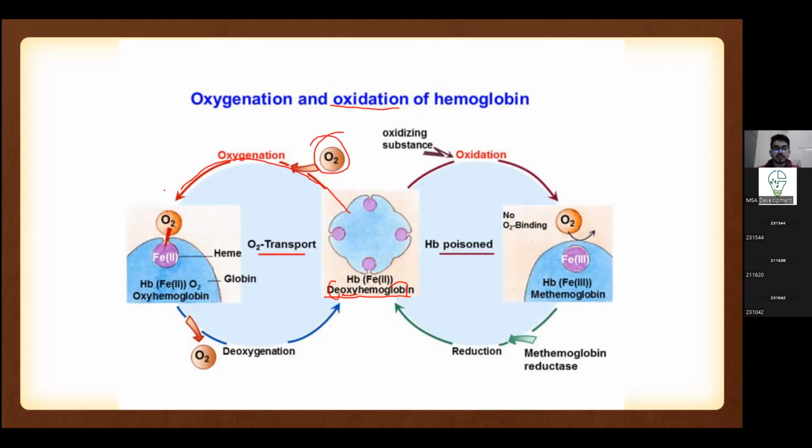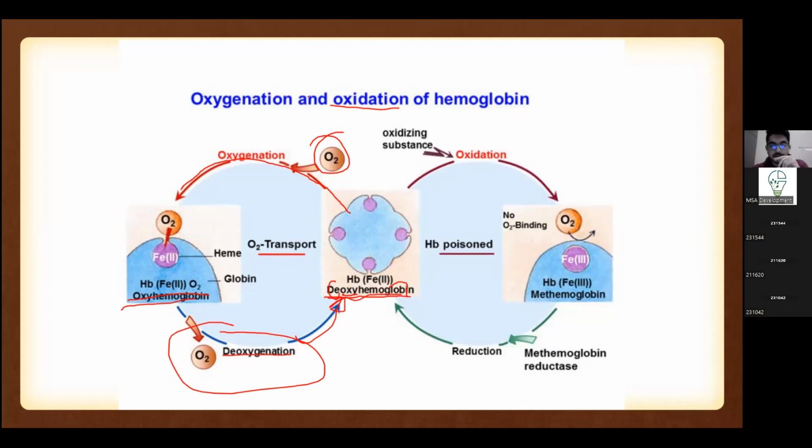In that case, it's going to become oxyhemoglobin. And oxyhemoglobin is good, it is going to move in the body and transport O2 to the needing organs. At the organs level, the oxyhemoglobin is going to undergo deoxygenation, and is going to come back to its original form, the deoxyhemoglobin. This is a normal cycle. It happens all the time in our body.